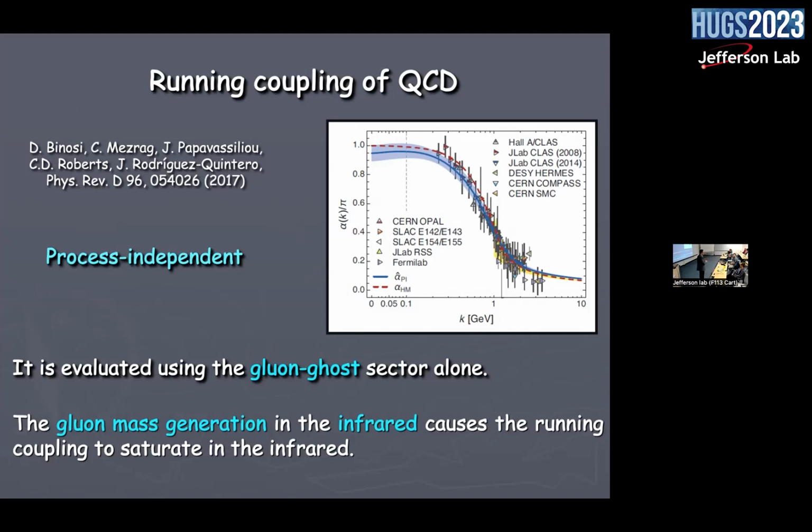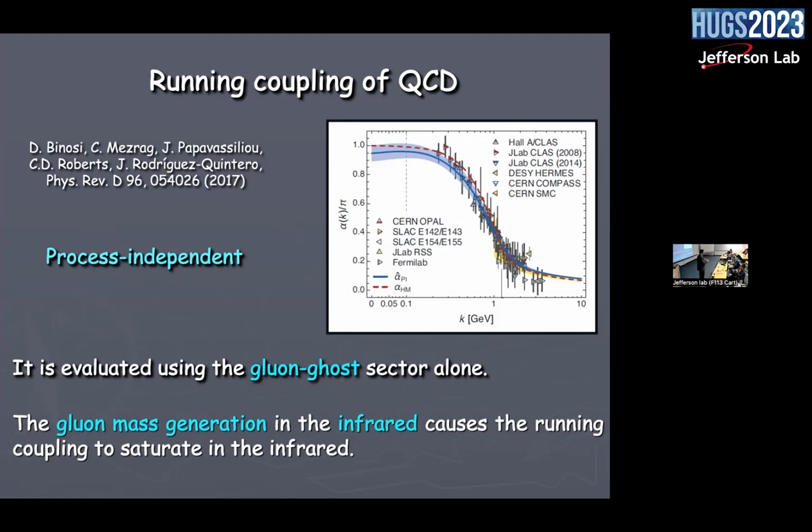That's it. So they compute this alpha non-perturbatively without any reference to perturbation theory. They take some lattice results as well, which have been computed for the gluon and the ghost propagator, and use the techniques that they have developed.